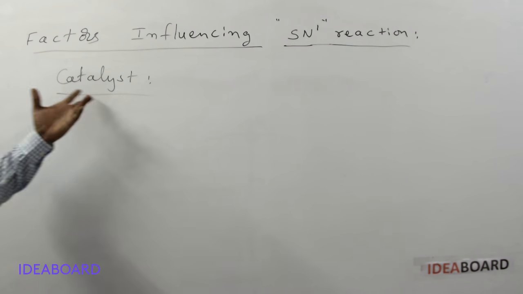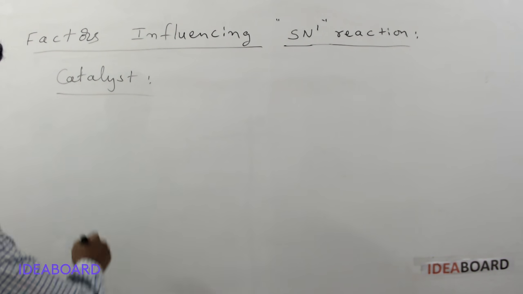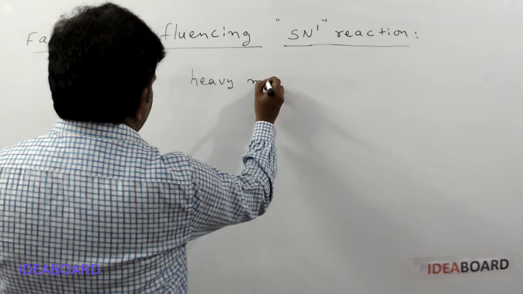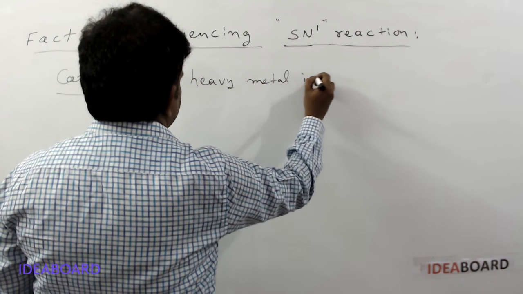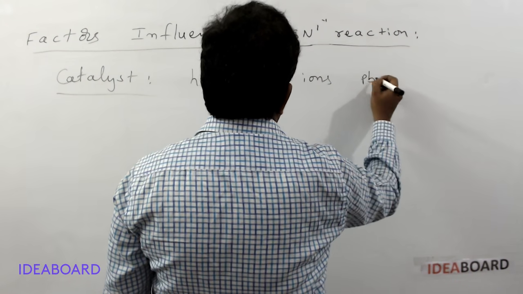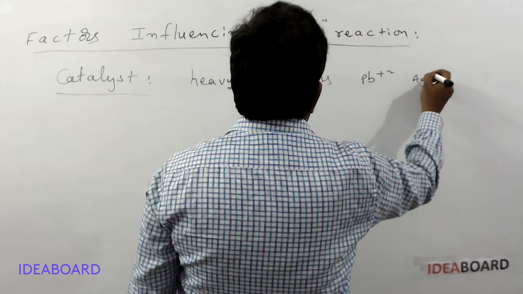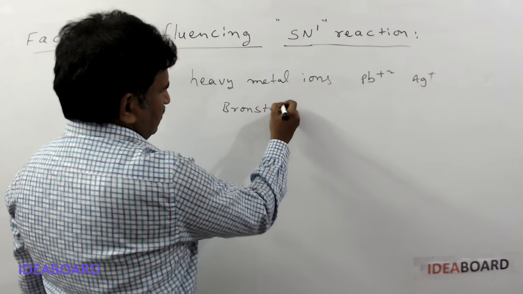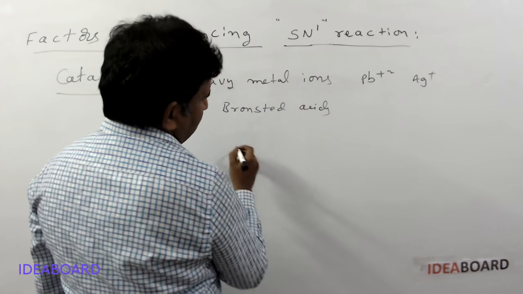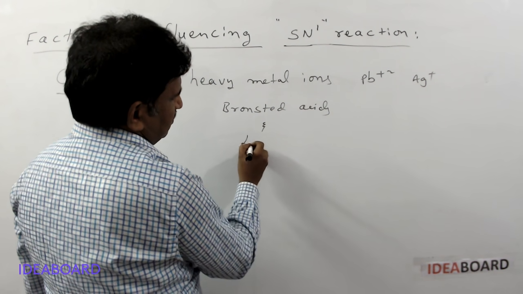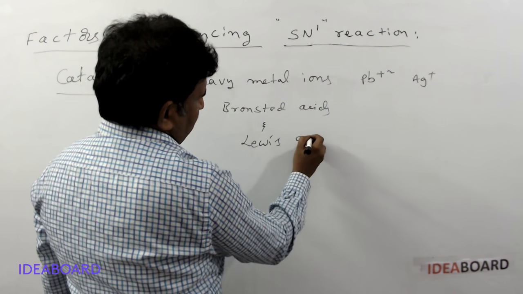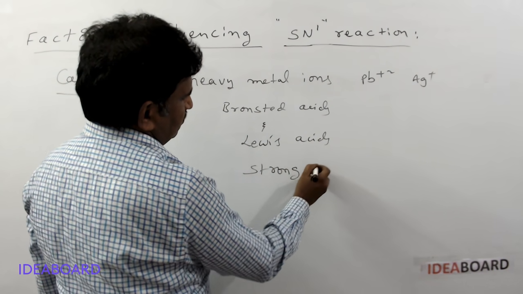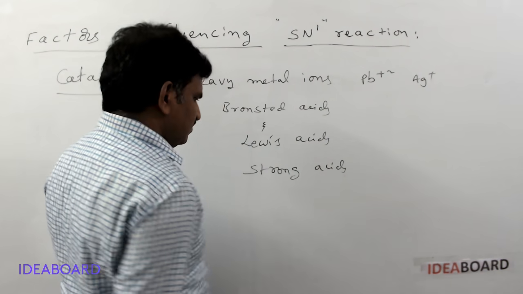The last factor which influences the SN1 reaction is the catalyst: heavy metal ions like Pb plus 2, Ag plus, Bronsted acids and Lewis acids, and strong acids like mineral acids.